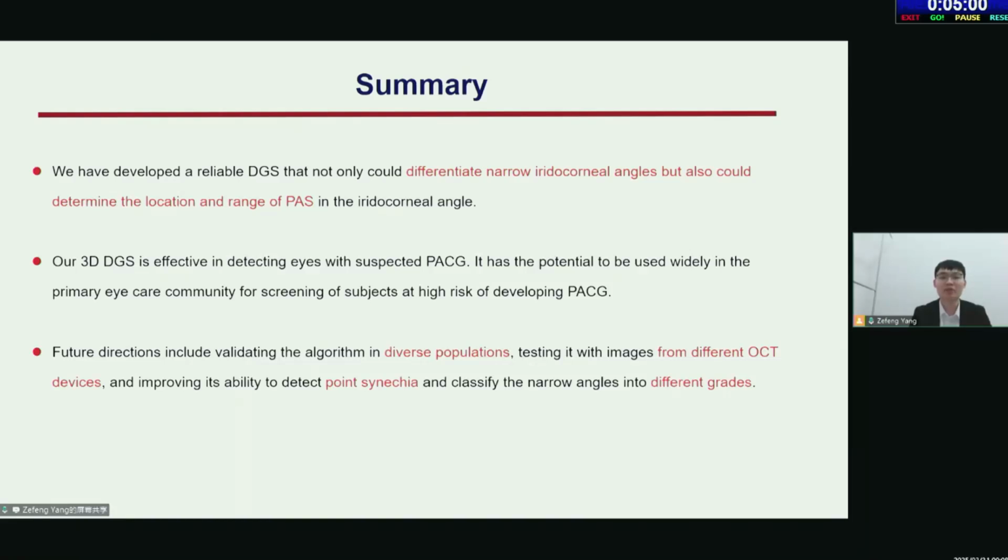It has the potential to be used widely in the primary eye care community for screening subjects at high risk of developing PACG. Future directions include validating the algorithm in diverse populations, testing it with images from different OCT devices, and improving its ability to detect PAS and classify the narrow angle in different grades.